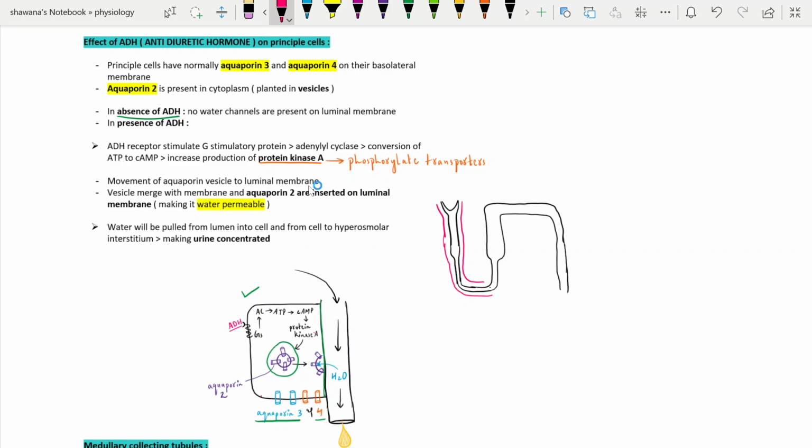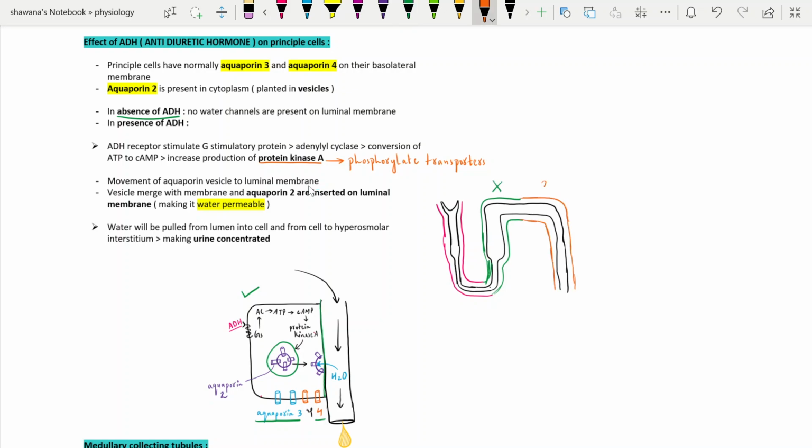But the story changes with the thin ascending limb, the thick ascending limb, and the early distal tubule. These parts of the nephron are under all physiological circumstances impermeable to water but permeable to solutes. The last part of the nephron, which is the late distal tubule, the cortical collecting tubule, and the medullary collecting tubules, are either permeable to water or not.